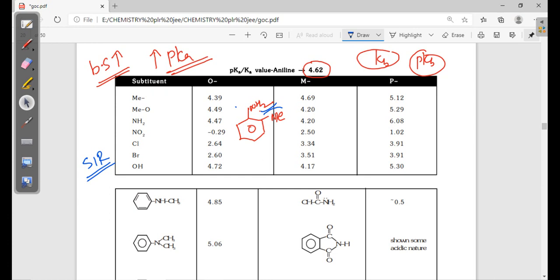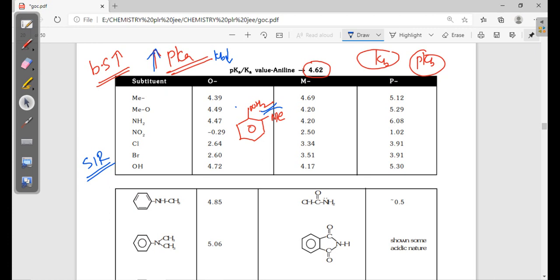pKa and Kb. Yes, so pKa is increasing means Kb decreasing. Okay, pKa increasing means Kb decreasing. Kb decreasing, right? So pKb higher value means Kb is less, basic strength also less.